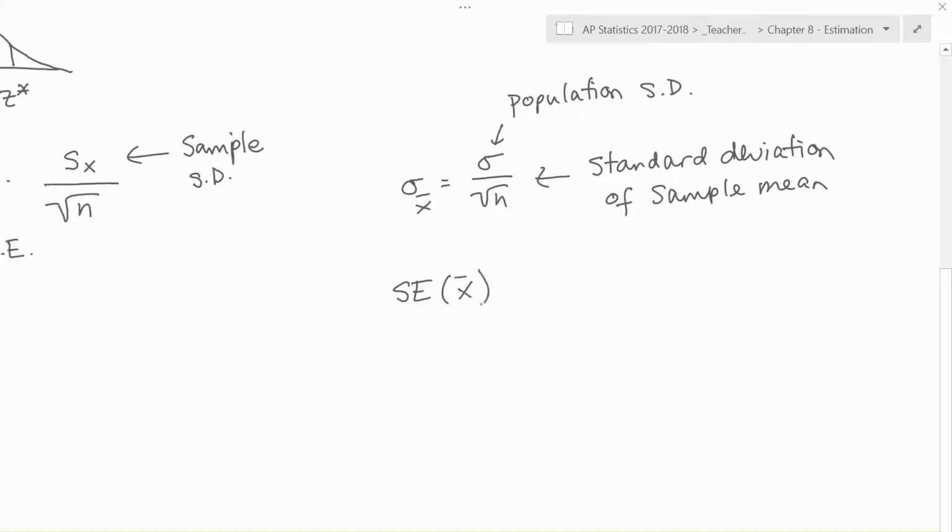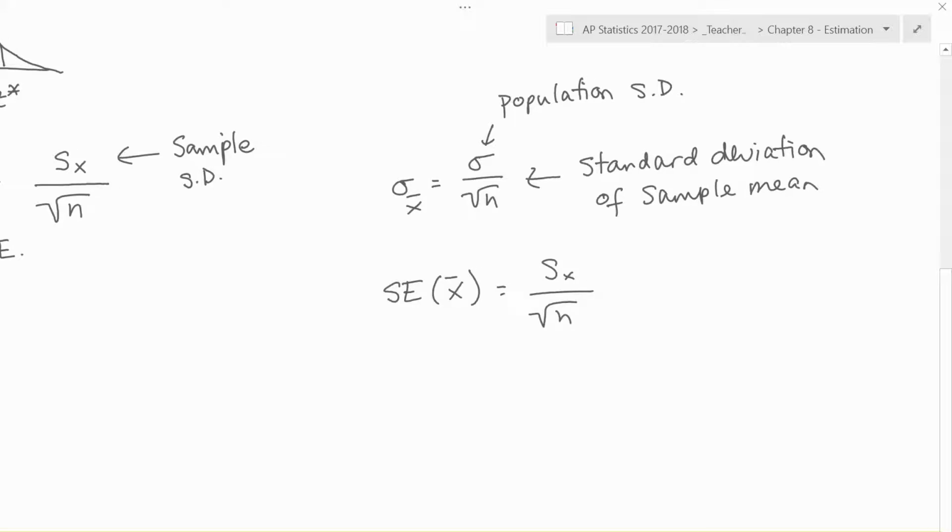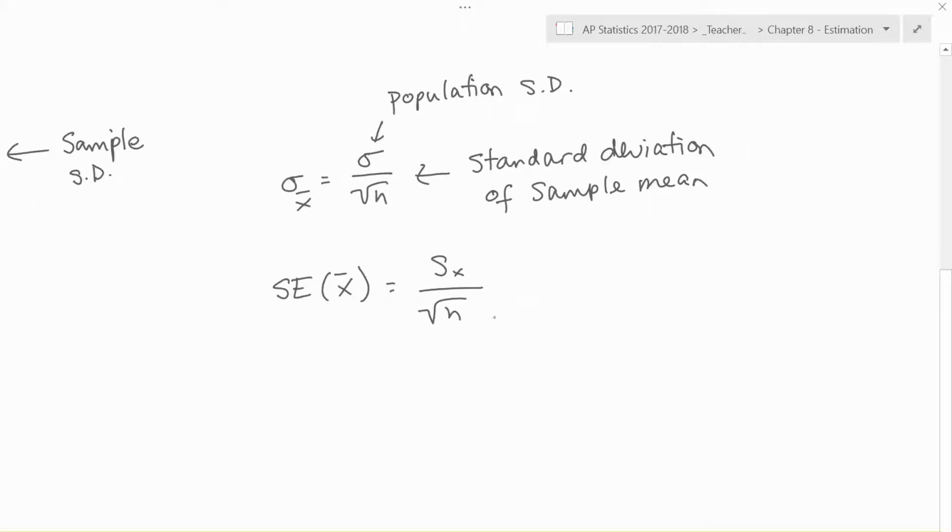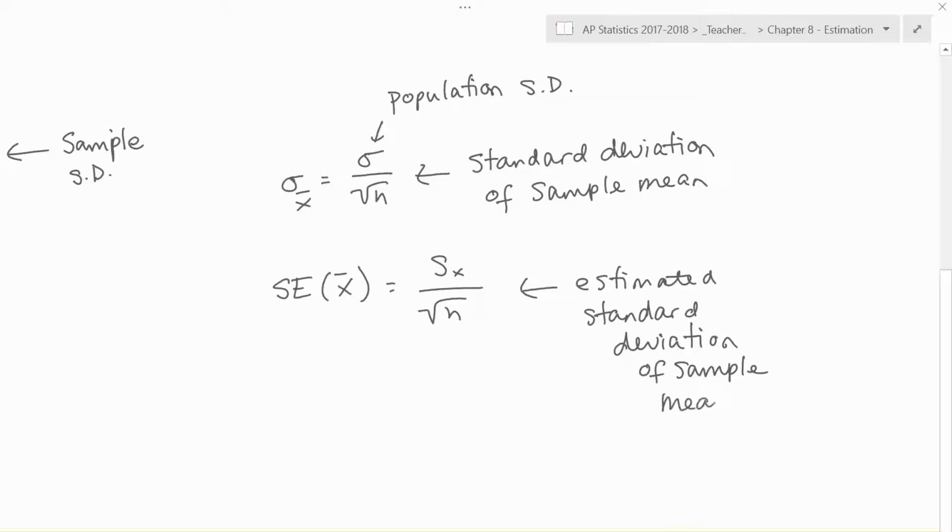Here's a new thing, standard error of the sample mean. And this whole thing is now the estimated standard deviation of the sample mean. How much we estimate that the sample mean varies in repeated sampling, where this is a sample standard deviation.